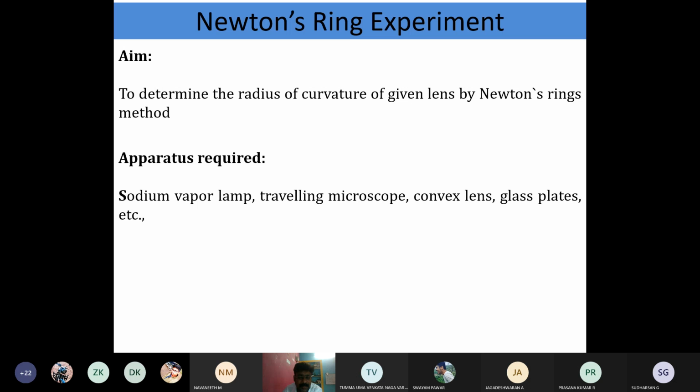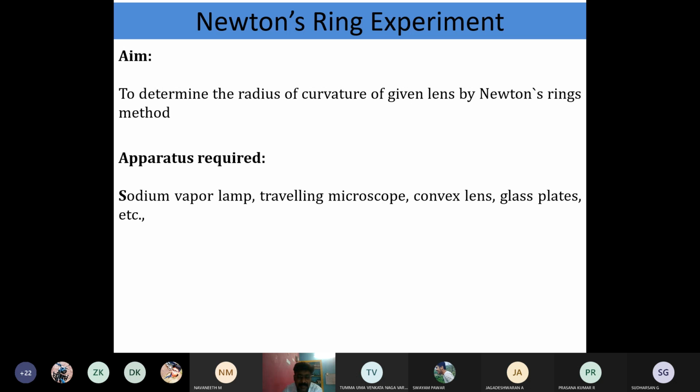When the monochromatic radiation falls on the convex lens, it produces an interference pattern. That interference pattern is viewed with the help of the traveling microscope. The convex lens is the material medium.